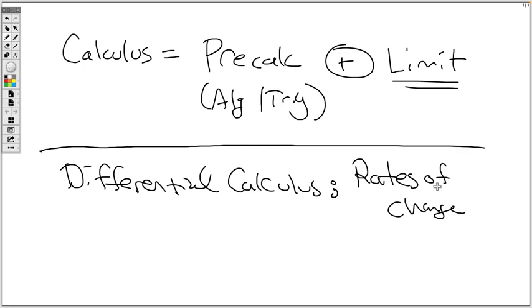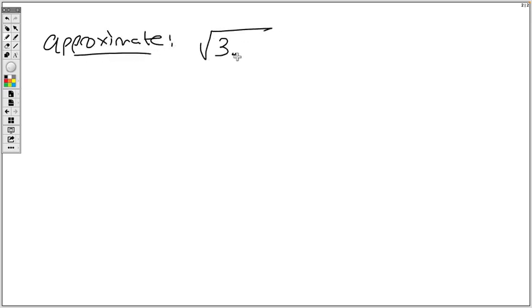But we're going to start off with a problem. What if I asked you to approximate the square root of 3.8? What's that roughly equal to? Yeah, it's roughly equal to 2, right?